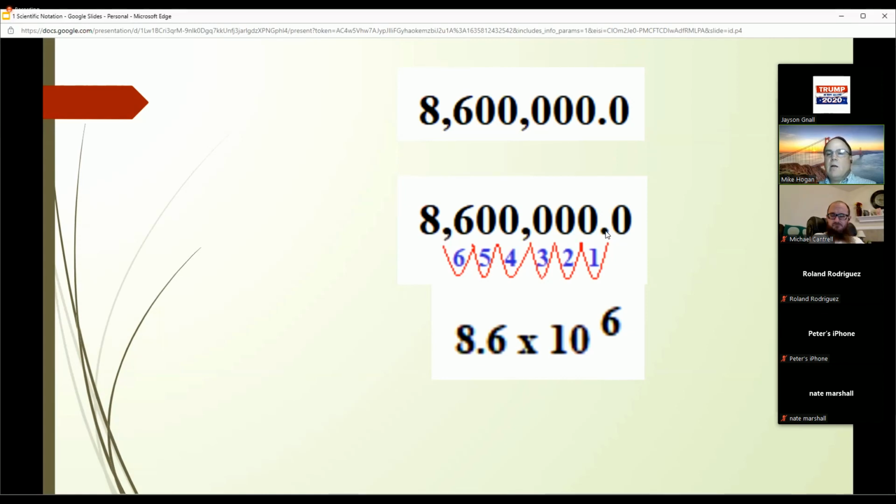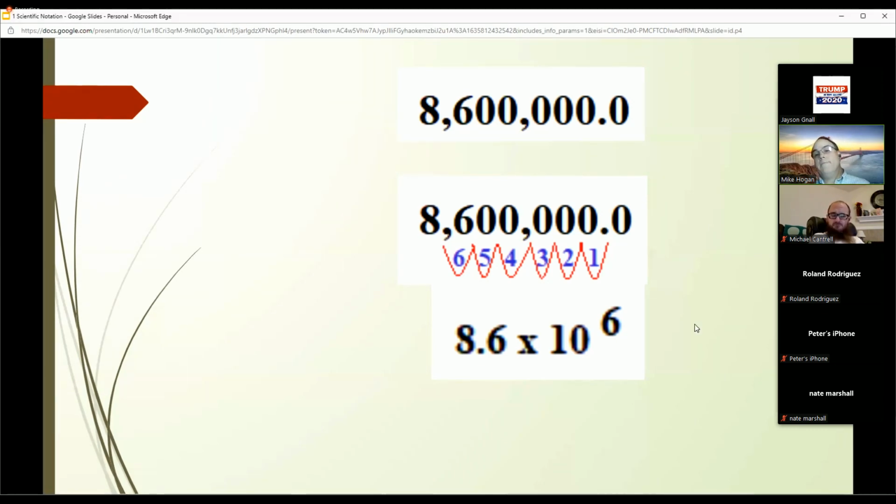And if I just count places, 1, 2, 3, 4, 5, 6, that gives me 8.6 times 10, and I moved it 6 places. So scientific notation, that's what we're going to call this. 8,600,000 is 8.6 times 10 to the 6th, right?